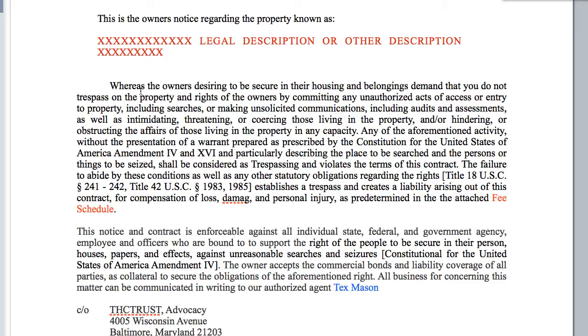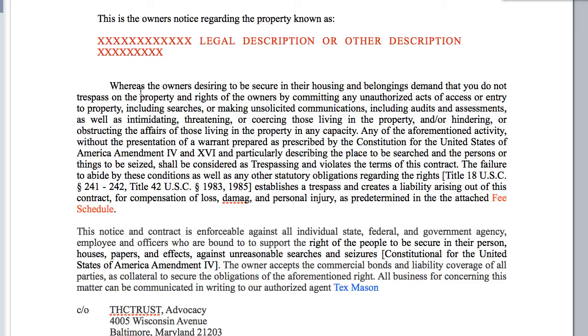Any of the aforementioned activity without the presentation of a warrant prepared as prescribed by the Constitution for the United States of America in Amendment 4 and 16, and particularly describing the place to be searched and the persons or things to be seized, shall be considered as trespassing and violates the terms of this contract.